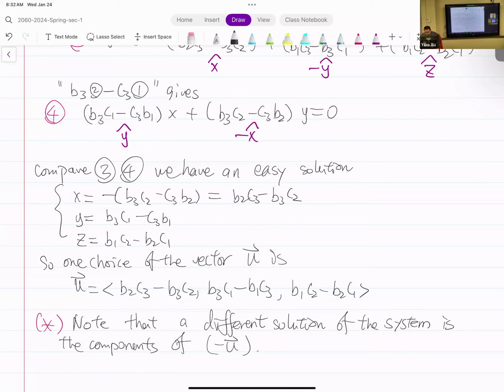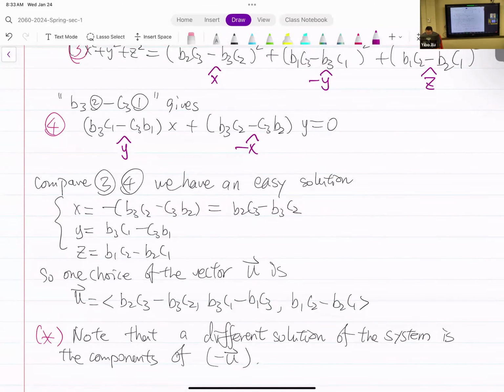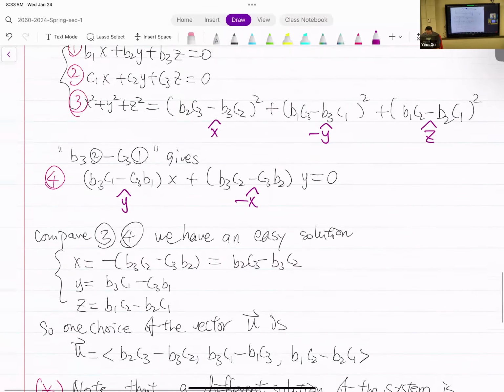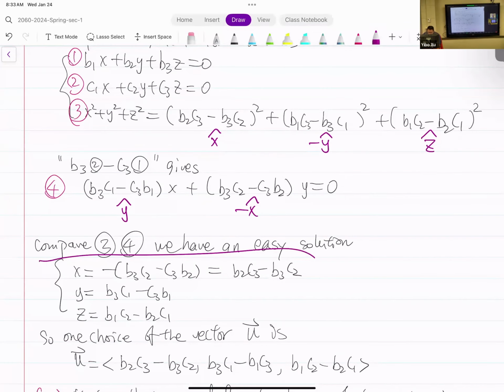So just now I mentioned u right here. Let me display that system of equations once again. If you choose these coordinates to be x, y, z, that will satisfy 1, 2, 3, right? But if I flip the signs for x, y, and z all at the same time, then 1 and 2 are linear equations, so they will be satisfied.